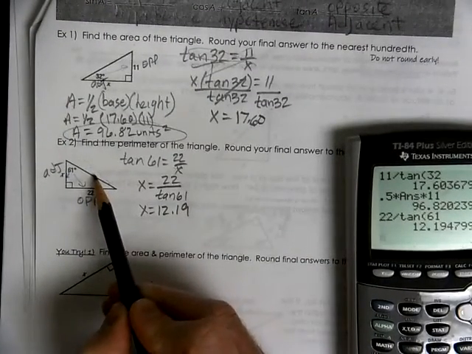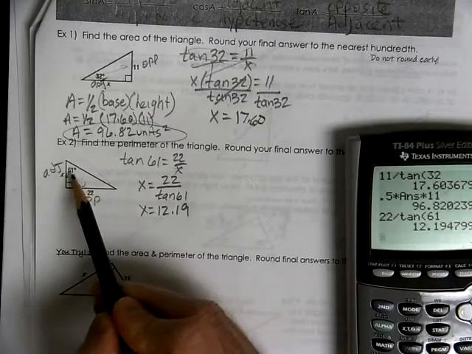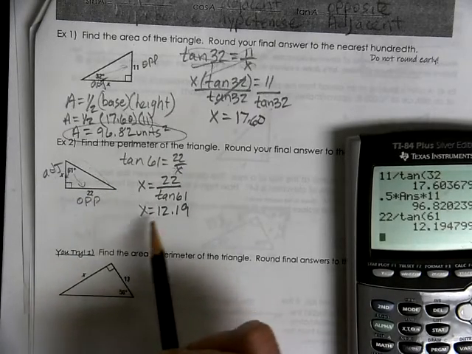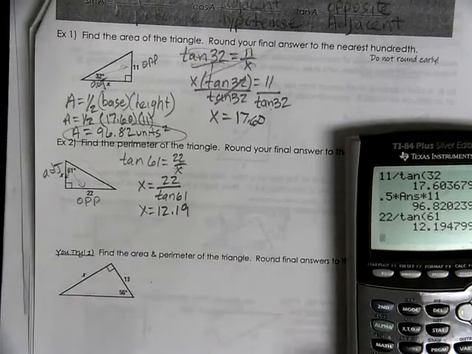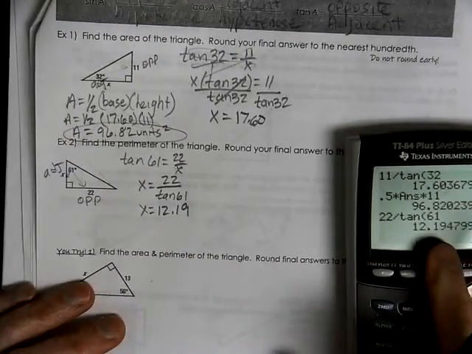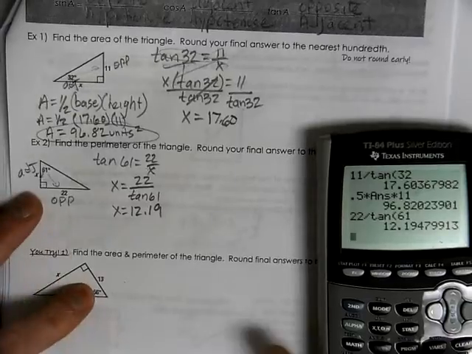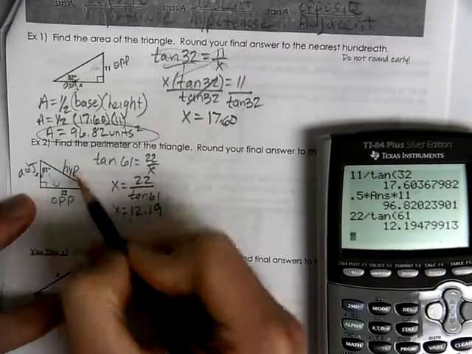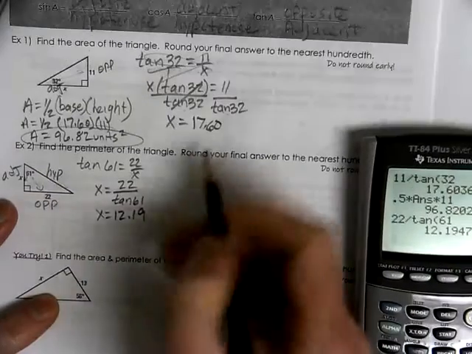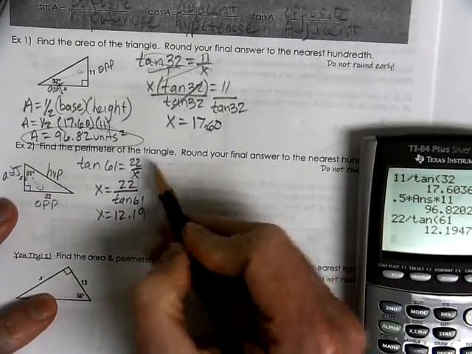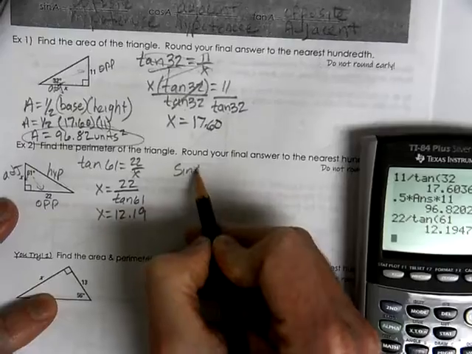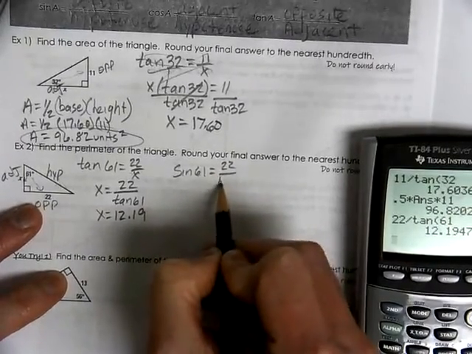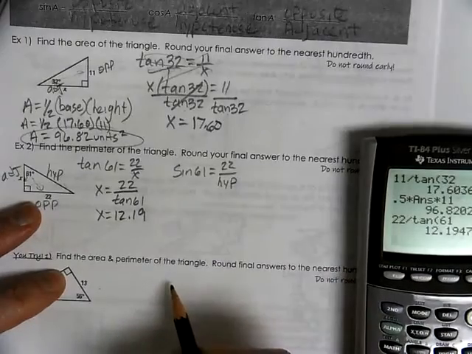Now we have to come up with our other missing side. You can either use trigonometry or you could use Pythagorean Theorem. Since we have to use exact values anyway, it might be best just to talk about the opposite and the hypotenuse. So that's going to be sine of 61 equals the opposite over the hypotenuse.